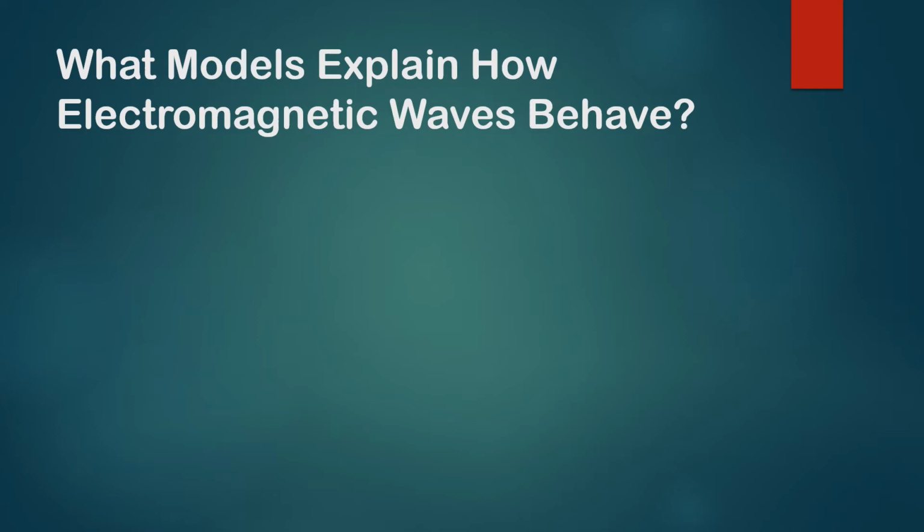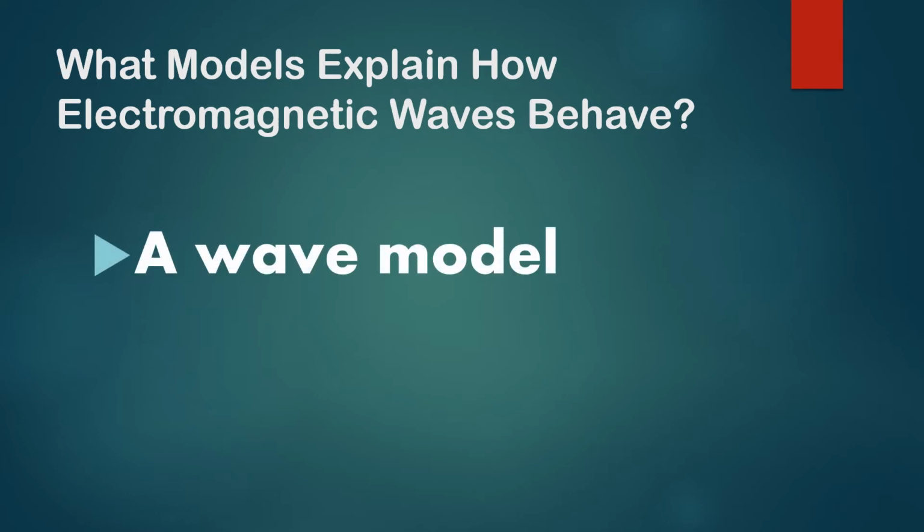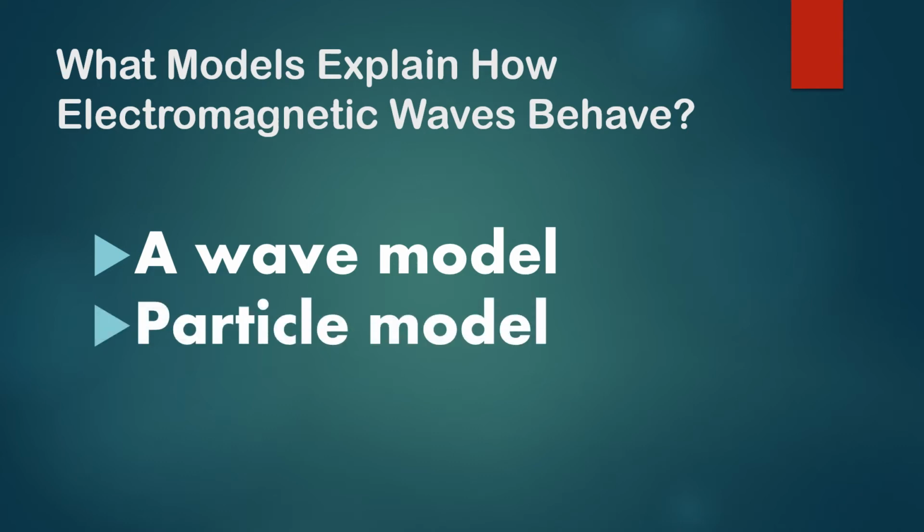An electromagnetic wave vibrates back and forth like a transverse mechanical wave when it travels through space. However, when an electromagnetic wave strikes some substances, it acts like a stream of tiny particles of energy. 2 different models are needed to explain the behavior of electromagnetic waves. A wave model best explains many of the behaviors, but a particle model best explains others.